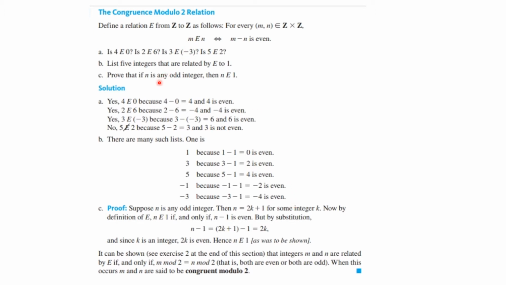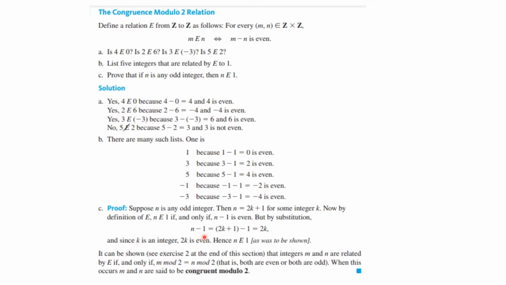Now here, we're asking you to prove something, and again, we do proofs in this course. Prove that if n is any odd integer, then n E 1. Suppose n is any odd integer. Then we know that n equals 2k plus 1 for some integer k. By the definition of E, n E 1 if and only if n minus 1 is even.